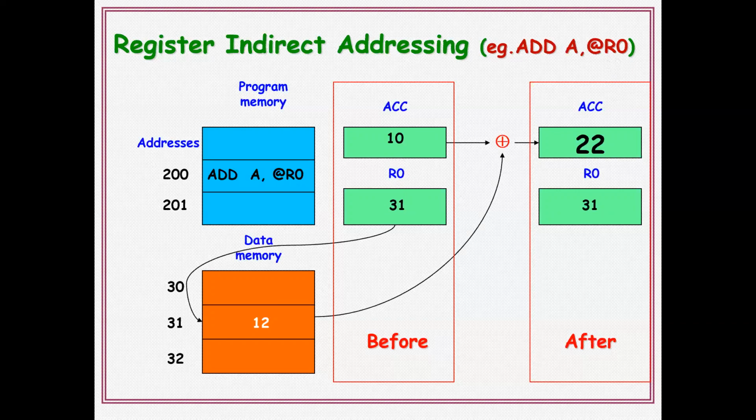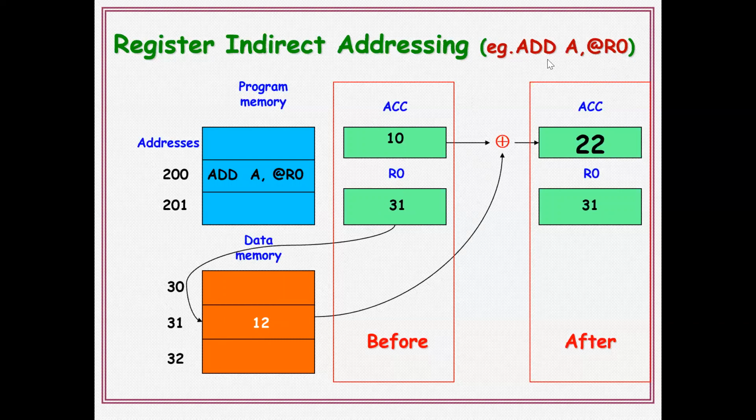Whatever value is available at memory location 31, that is 12, is added to the accumulator, because the @ symbol indicates that the content of that register is treated as an address. So whatever is available at that memory location is added to the accumulator.